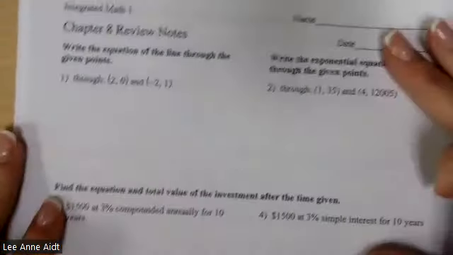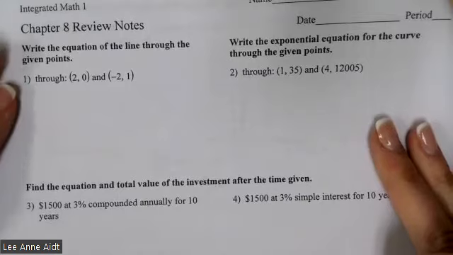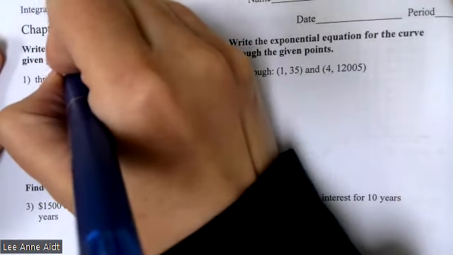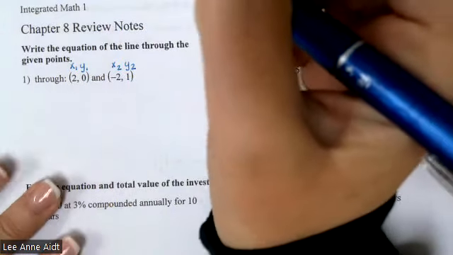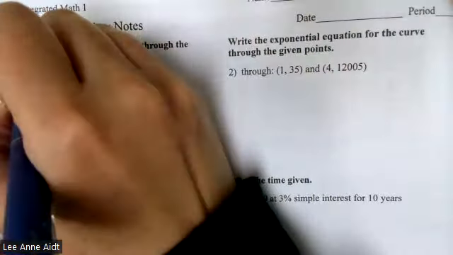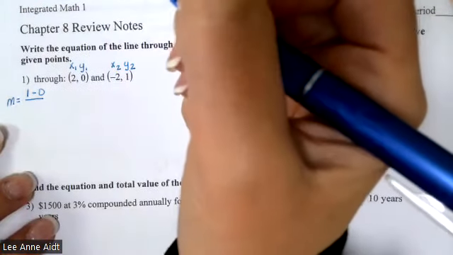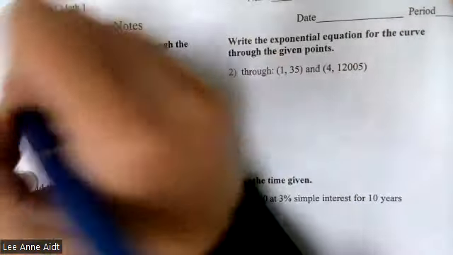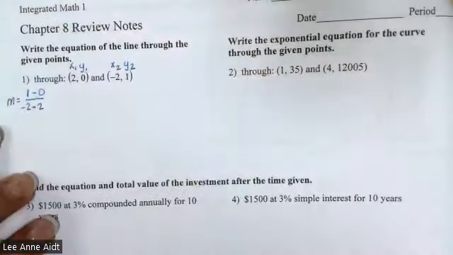And then if you could find this. Okay. X1, Y1, X2, Y2, M equals Y2 minus Y1 over X2 minus X1.